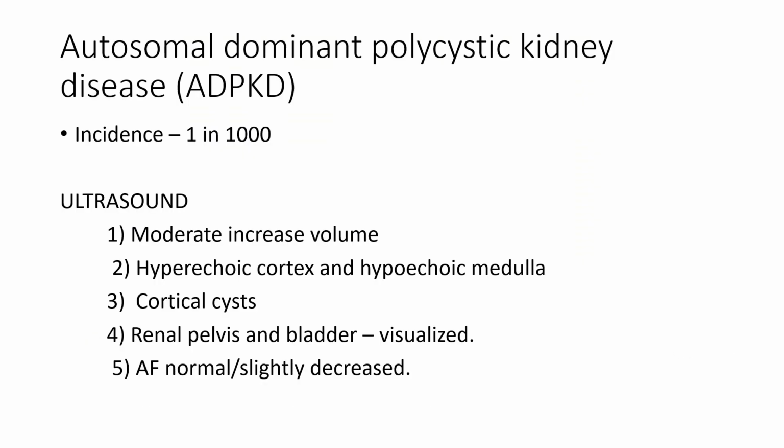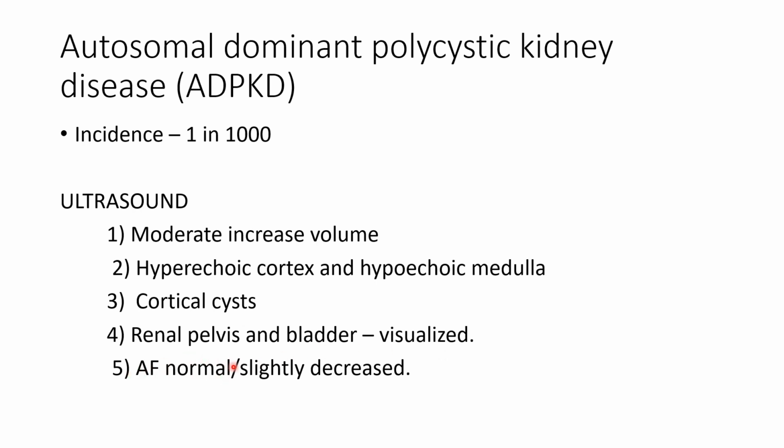Autosomal dominant polycystic kidney disease. The incidence is 1 in 1,000 pregnancies. On ultrasound, there will be a moderate increase in the size of the kidneys with hyperechoic cortex and hypoechoic medulla. Multiple small cortical cysts will be present. The renal pelvis and bladder will be visualized, unlike in autosomal recessive polycystic kidney disease, where the bladder is not visualized.